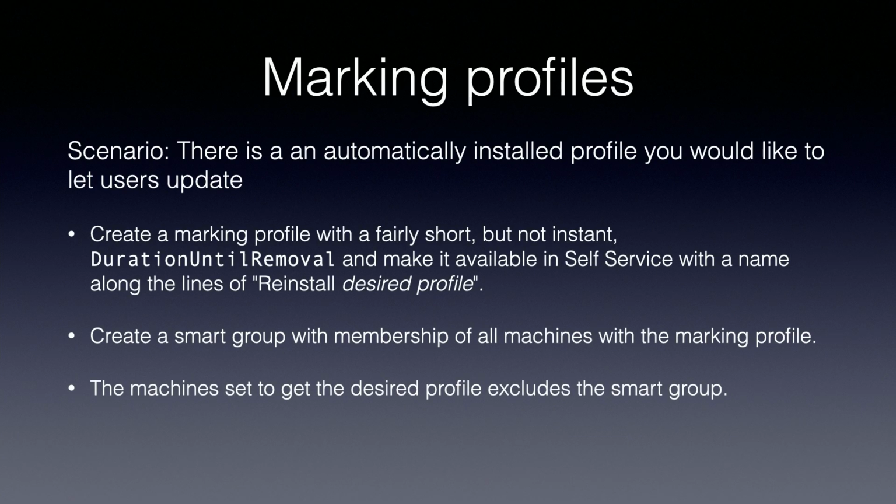So, to deal with that, what I hit upon: deploy whatever the desired profile is to the machine. For machines targeted for deployment, exclude any machines with a certain marking profile on it.